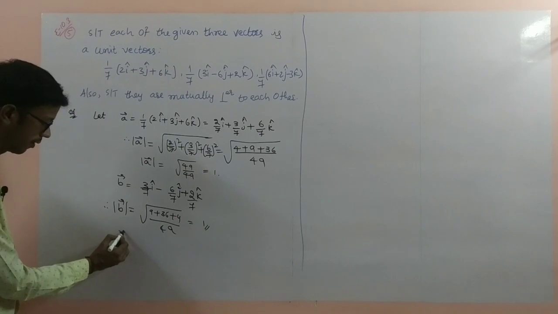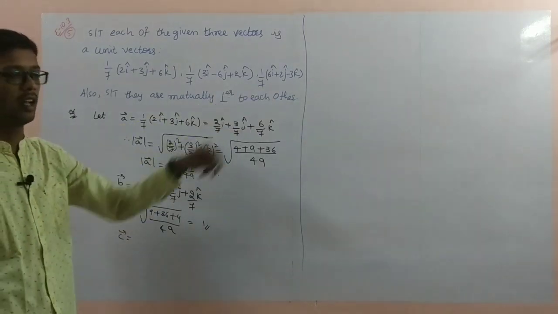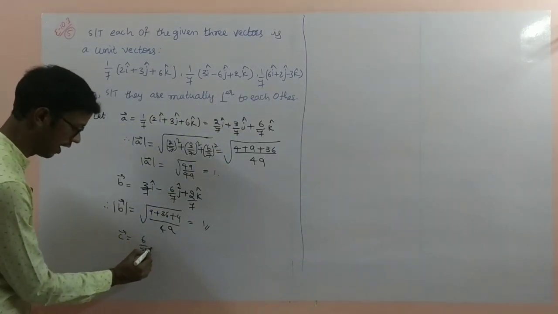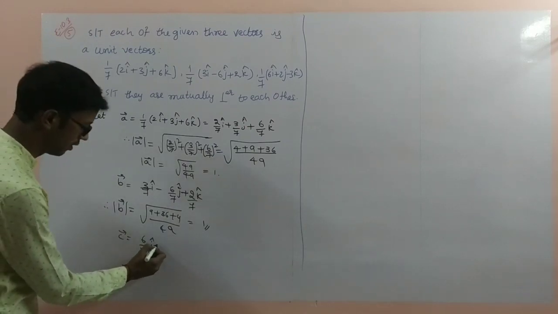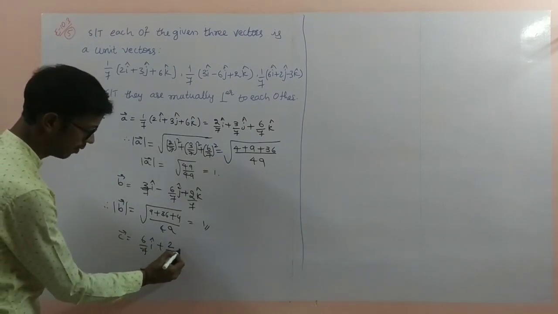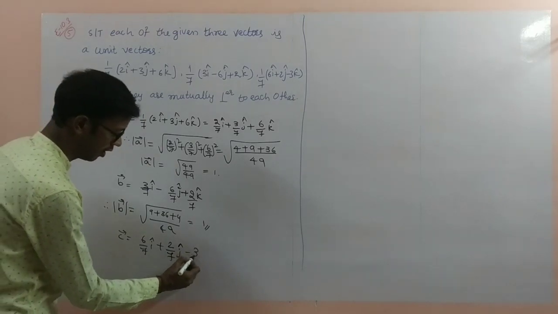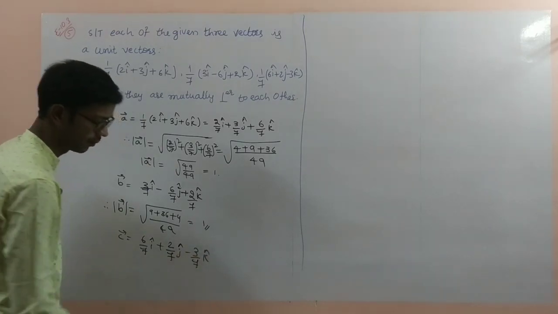Next is C bar. C bar vector is 6 by 7 i cap plus 2 by 7 j cap minus 3 by 7 k cap.